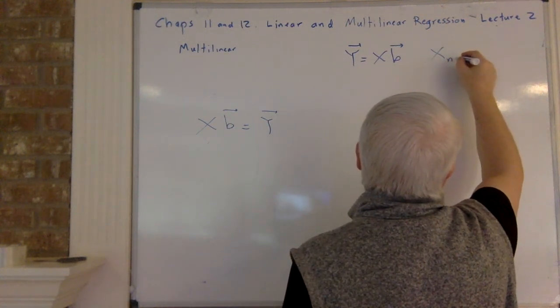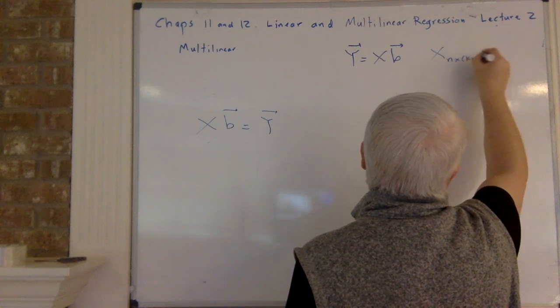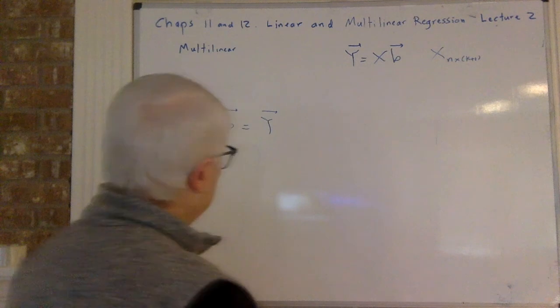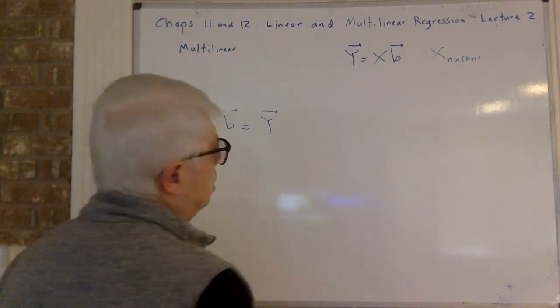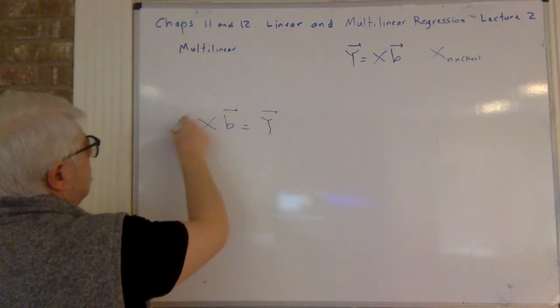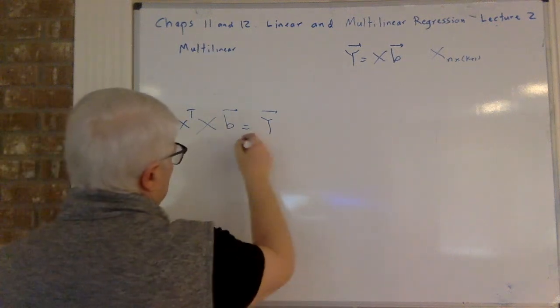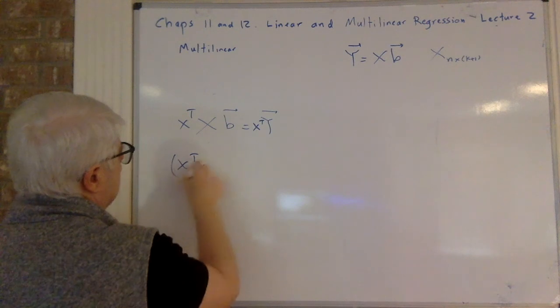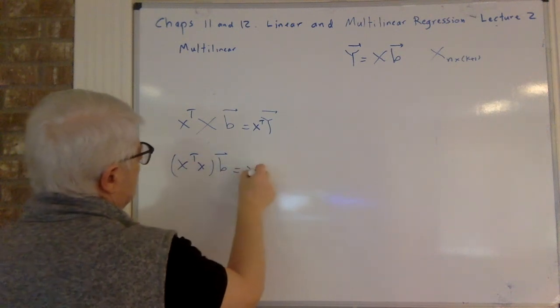N rows by k plus 1, right? So this is not a square matrix. So I cannot invert it, but if I multiply it by its transpose, and multiply y by X transpose, I will get X transpose X b equals X transpose y.